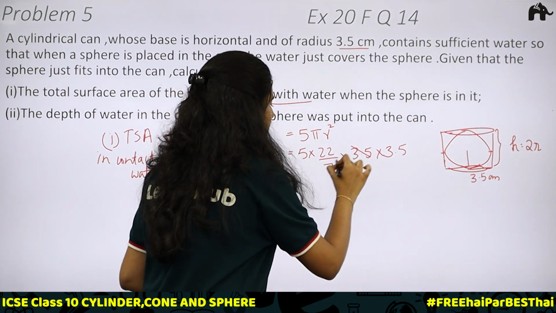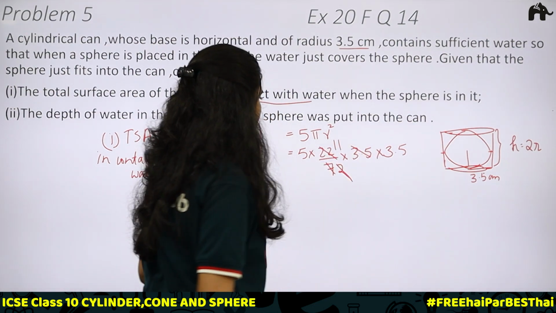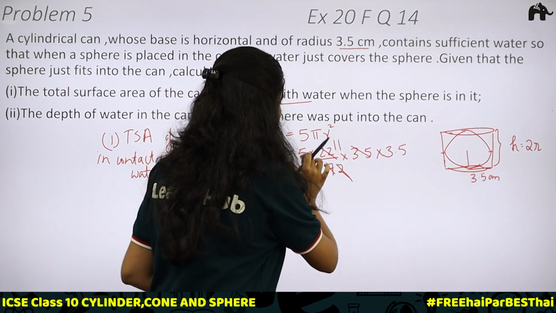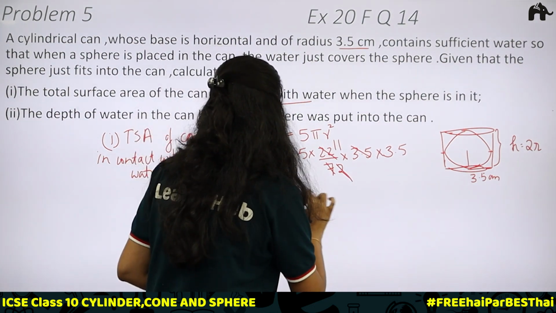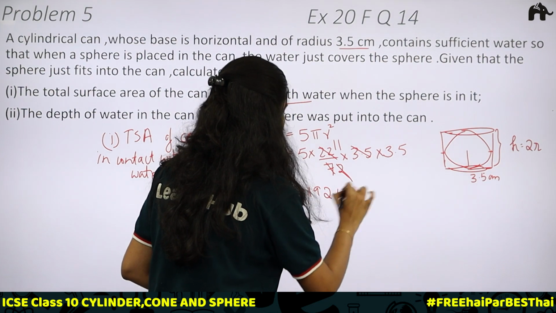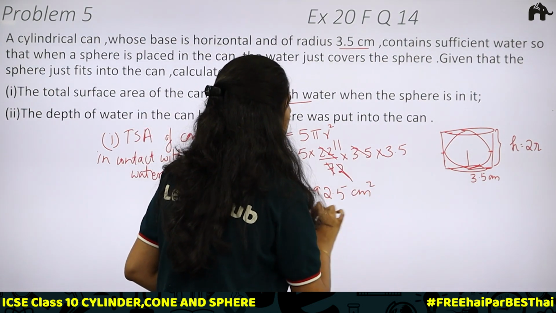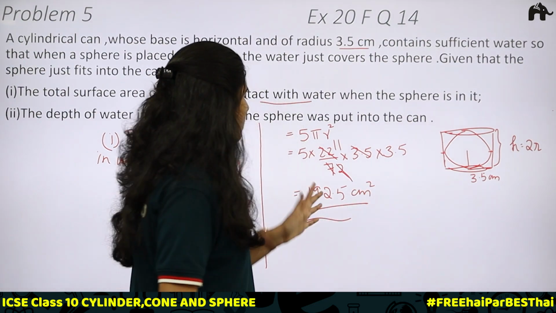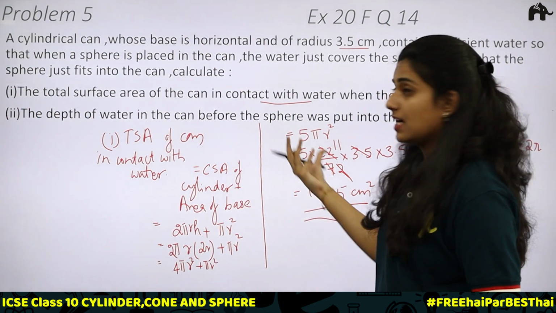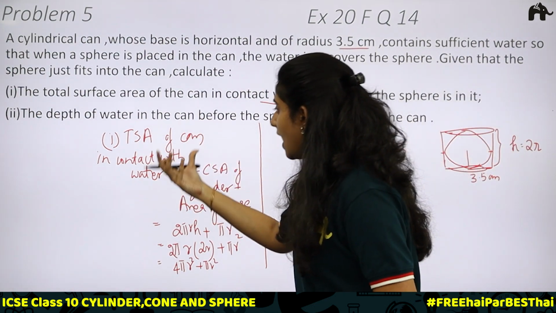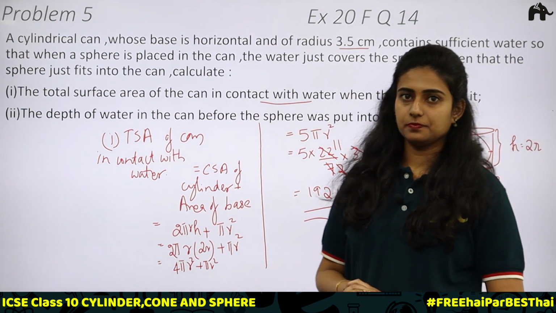So 3.5 and 7 can be cancelled. You get 2 here, and 2 into 22 gives you 11. 3.5 into 5 into 11. What is the final answer? You will be getting 192.5 and the unit is centimeter square. So 192.5 centimeter square will be the final answer. That is the total surface area of the can in contact with water when the sphere is put into the can.